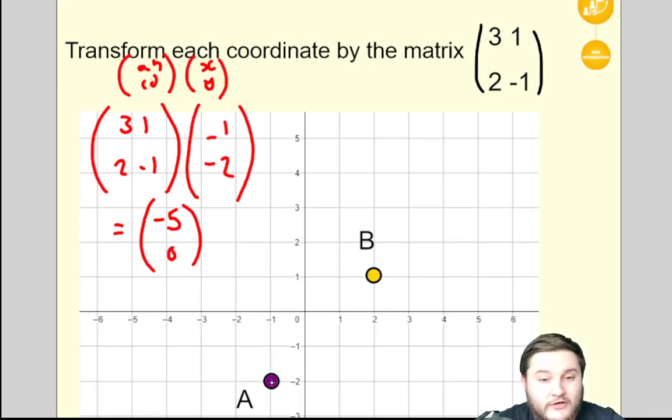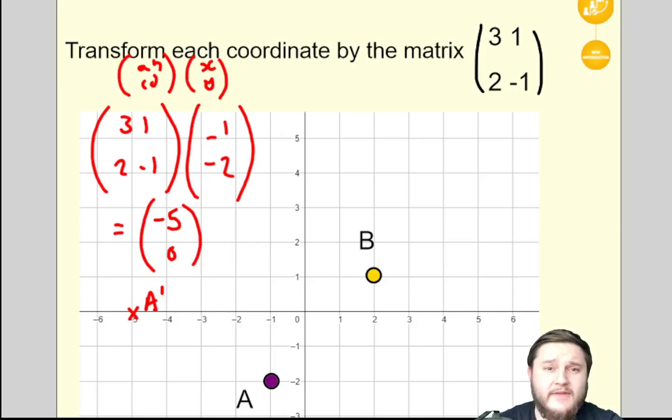So this coordinate A moves to negative 5, 0. So we're going to call this A with a little dash. The little dash, or the apostrophe, represents the idea that this is the transformed point of A. So that coordinate A is going to move over to negative 5, 0.